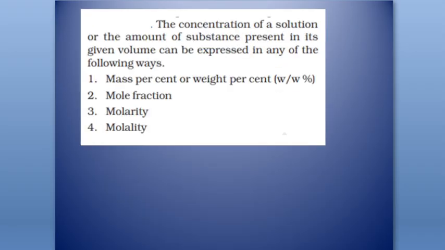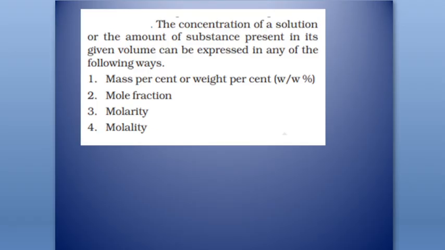The concentration of a solution or the amount of the substance present in the given volume can be expressed in any of the following ways. Number one is mass percent or weight percent, W by W percentage ratio. Second one is mole fraction. Third one is molarity, and fourth one is molality.